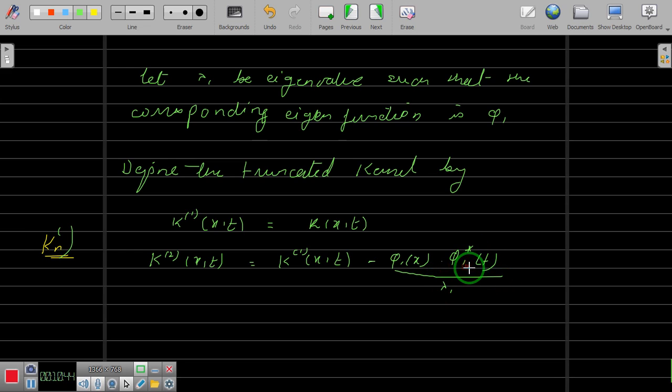This star is the complex conjugate. So we define the truncated kernel k2 as k1 minus phi 1(x) phi 1 star(t) upon lambda 1.